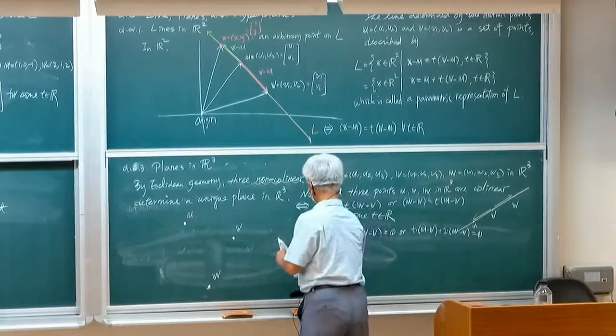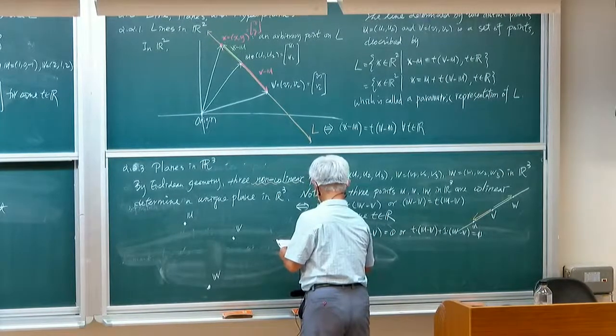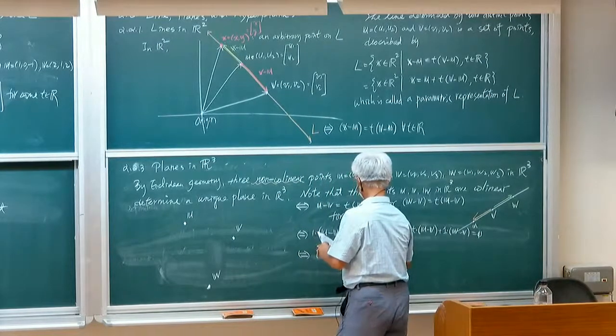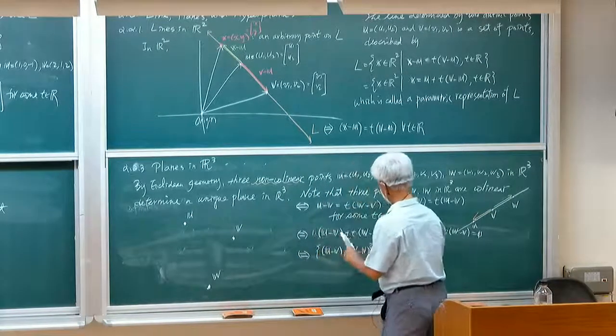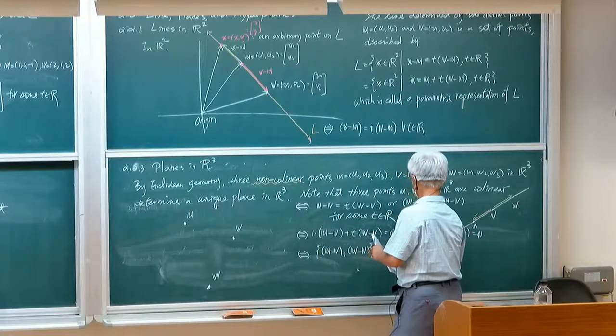So that means that the set of two vectors is a linearly dependent set.